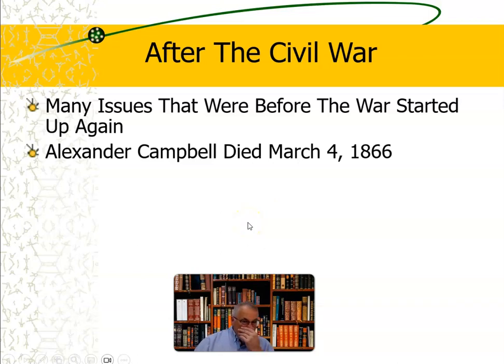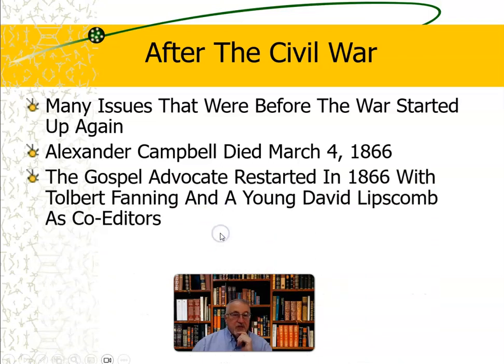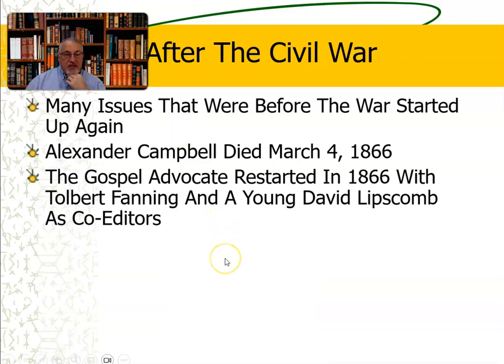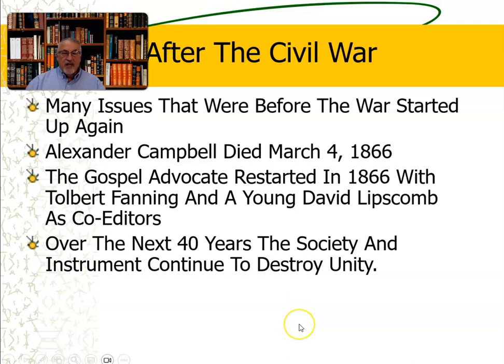And so this issue of instruments, this issue of missionary societies, the issue of liberalism and that sort of thing, of theological liberalism, this is all going to continue on at this time. Well, Campbell dies in 1866. The Gospel Advocate, David Lipscomb, will restart in 1866, and we'll see David Lipscomb and Tolbert Fanning as editors of that.